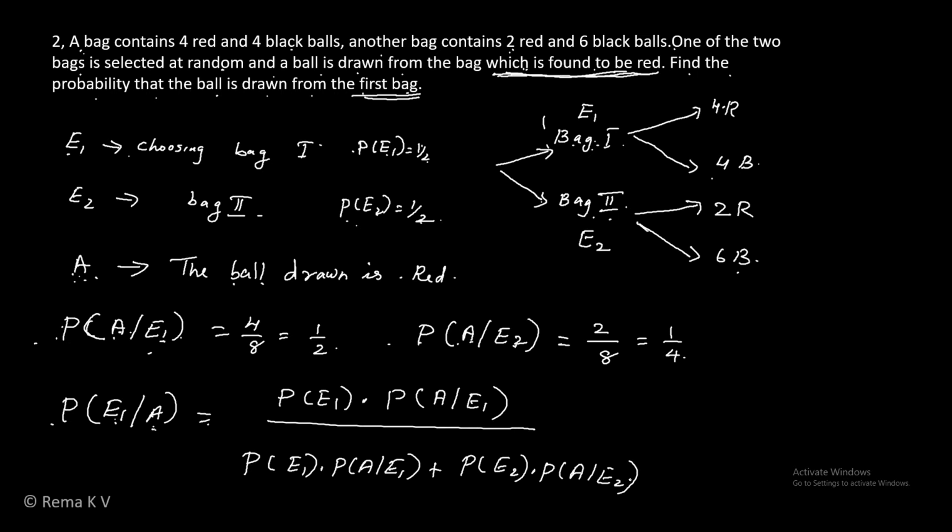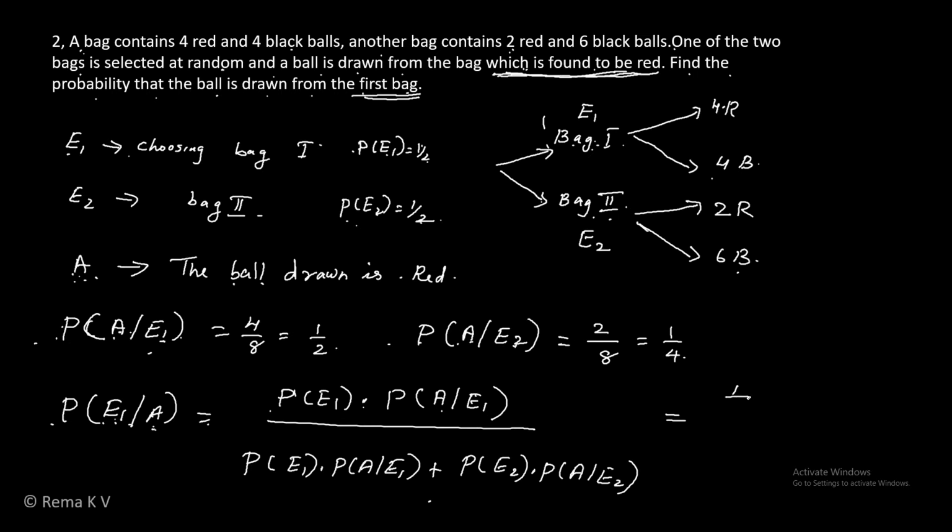In the denominator we are taking the sum, and in the numerator the favorable outcome. That is, here we need E1, so it is probability of E1 into probability of A given E1 divided by the denominator, which is the total probability. Apply the values here.